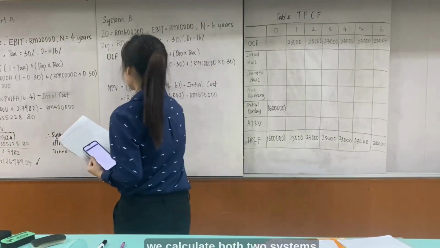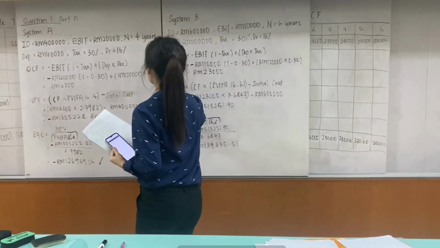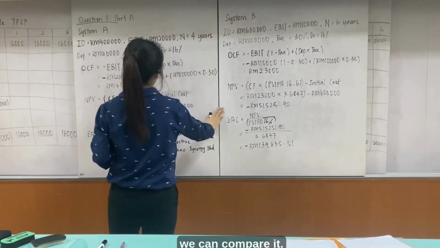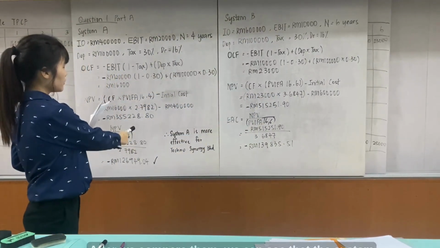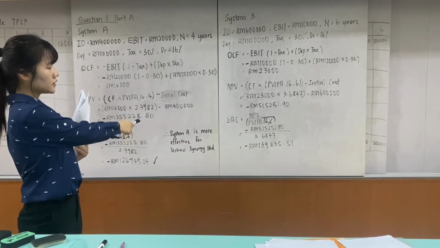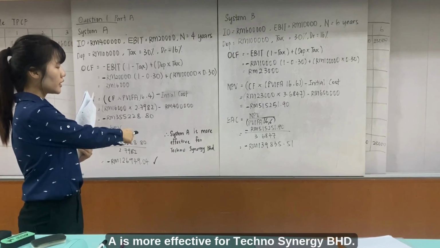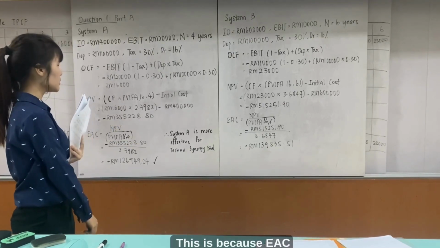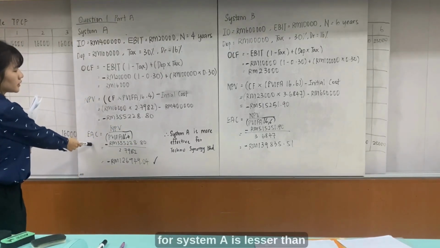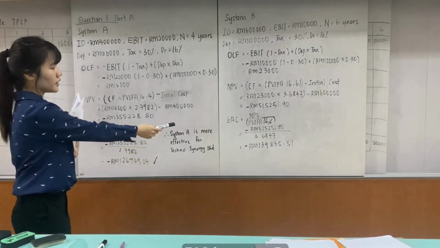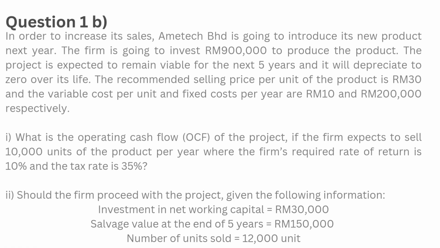Now that we have calculated both systems, we can compare them. We can see that system A is more effective for Techno-Synergy, because the EAC for system A is lesser than the EAC for system B.